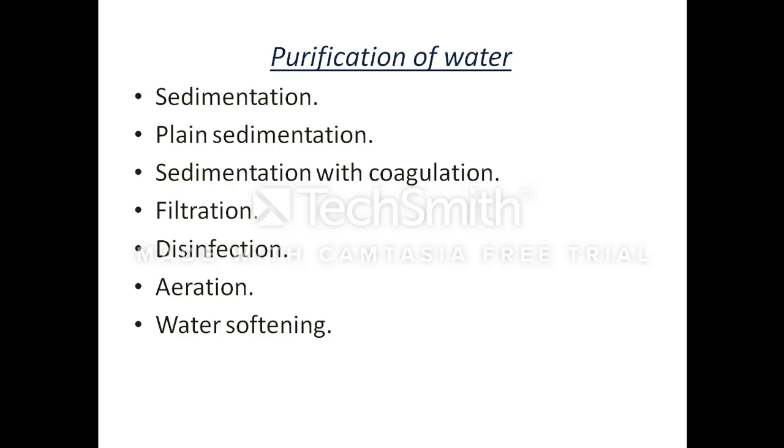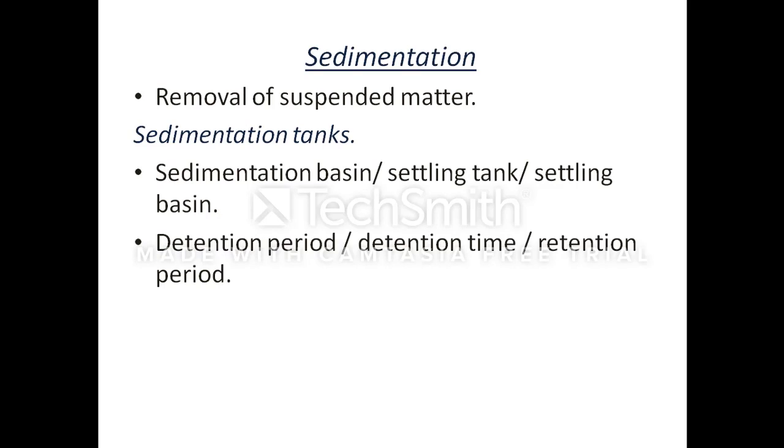Next is aeration. By this process the taste and odor in water is removed. Then the water softening. In this process the hardness of water is removed. These were the operations that are used to make the impure water pure.